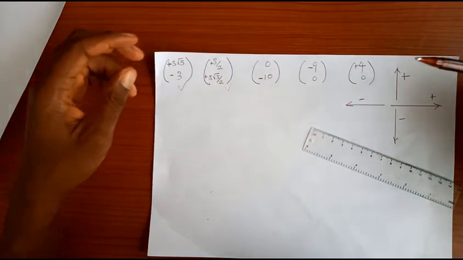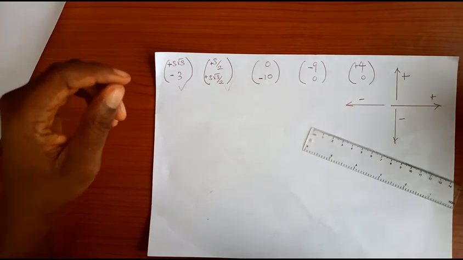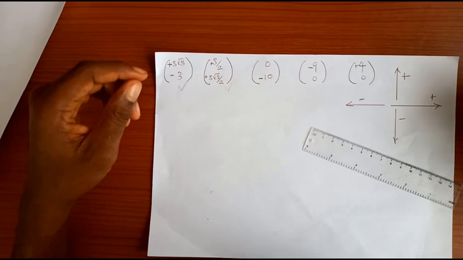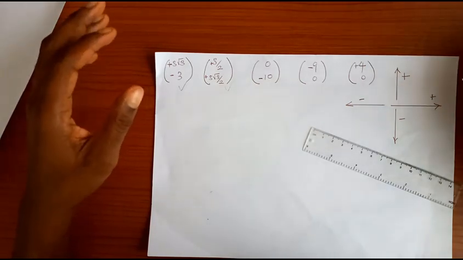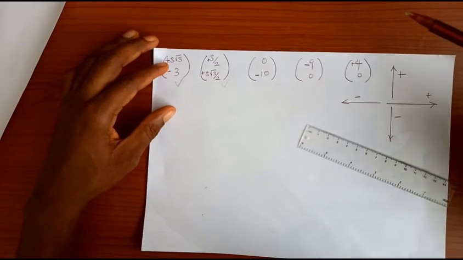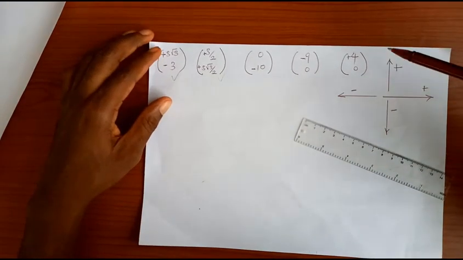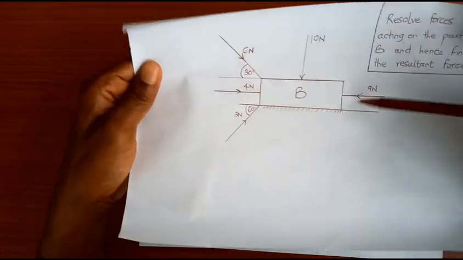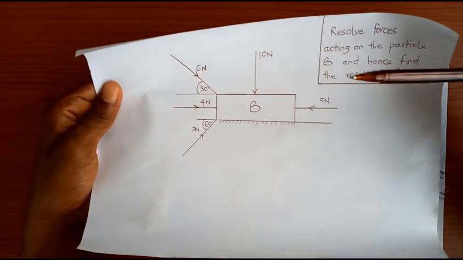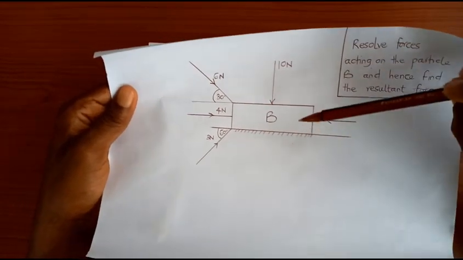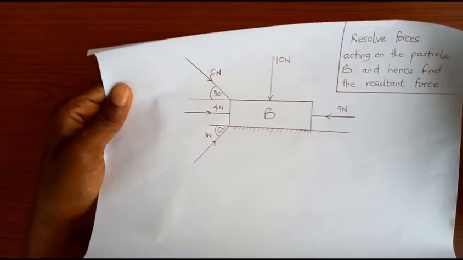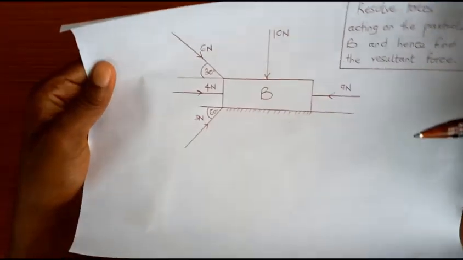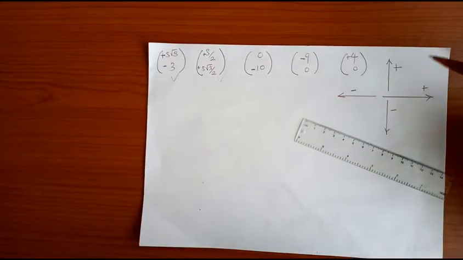This means the body is in static equilibrium, which means the forces cancel out to keep the body where it is. So let us investigate and see if indeed there will be a resultant effect on this body due to these forces. And remember, in statics, the assumption is this body doesn't move. So let us see if this body will indeed move. If it moves, we tweak the question to see what actually this means.